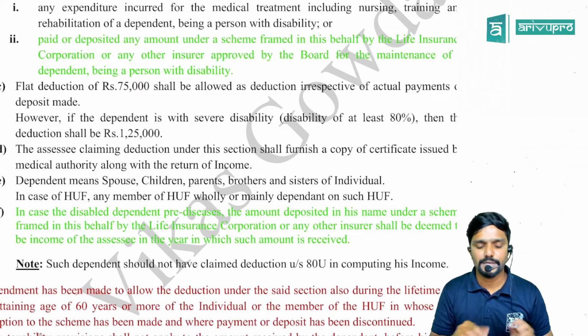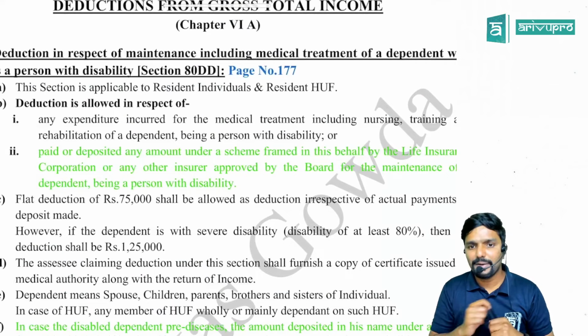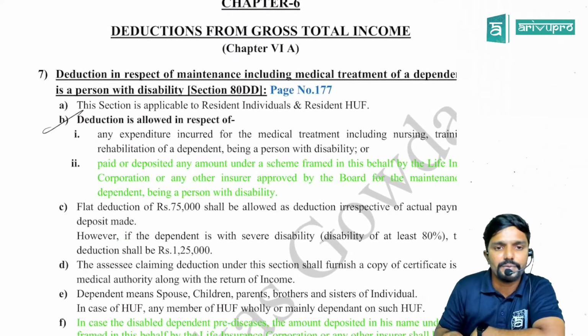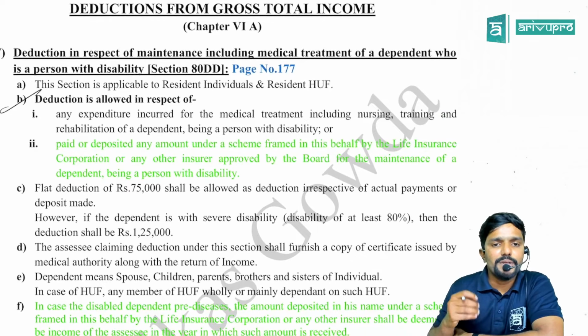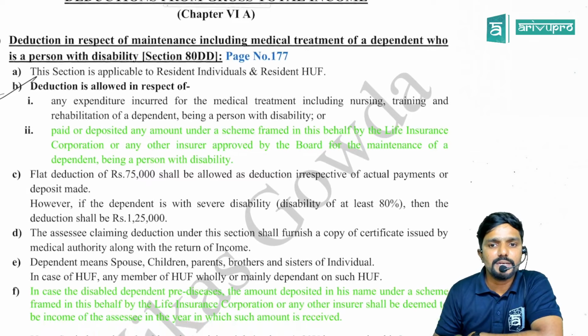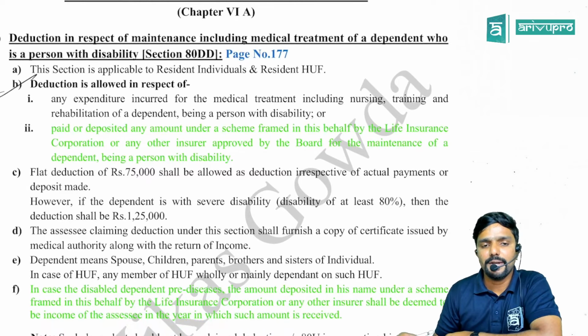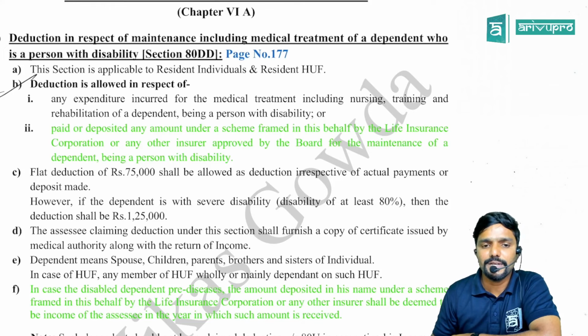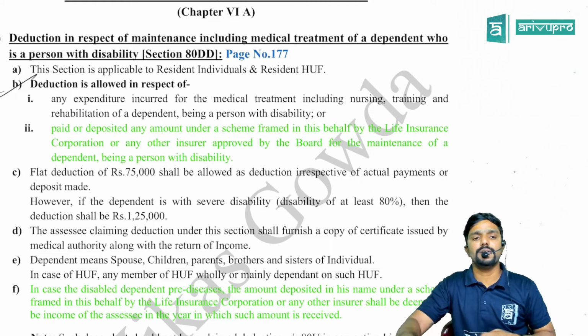So now they have brought one amendment to tell you. What is it? I will just tell you. First, let us go through the B point here. Deduction is allowed in respect of any expenditure incurred for medical treatment, including nursing, training, and rehabilitation of a dependent, being a person with a disability, or paid or deposited any amount under a scheme framed in his behalf by the Life Insurance Corporation or any other insurer approved by the board for the maintenance of a dependent, being a person with disability.